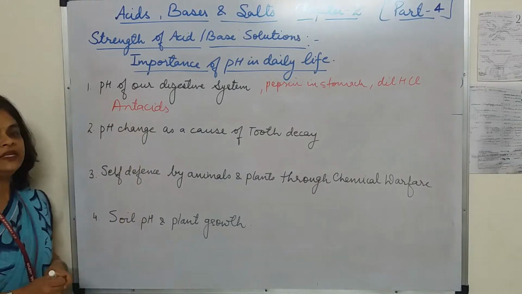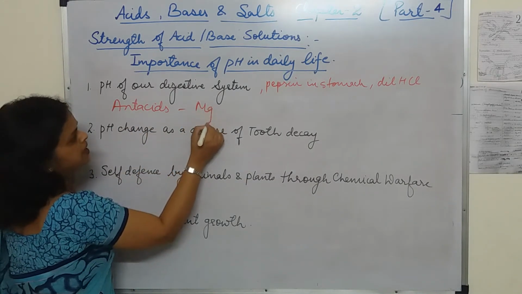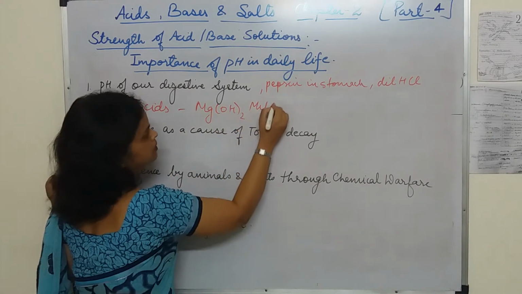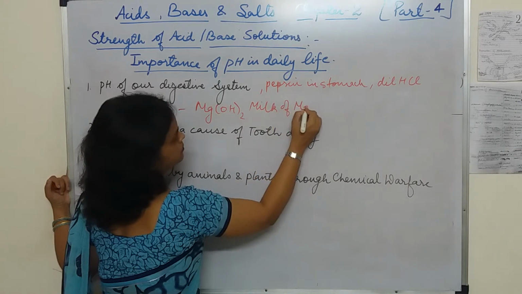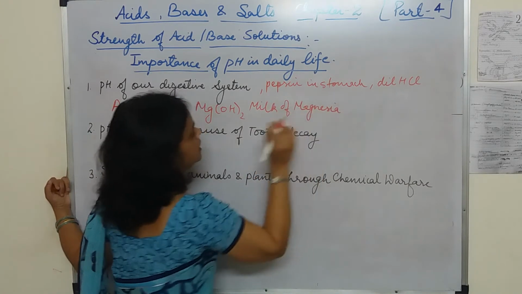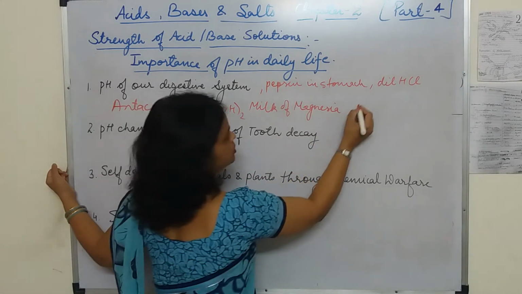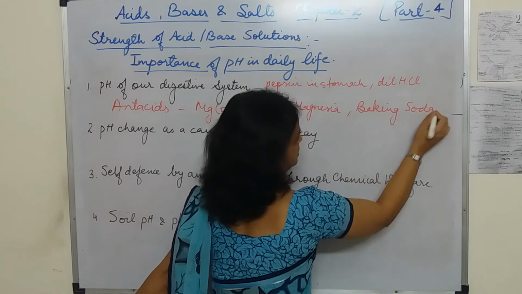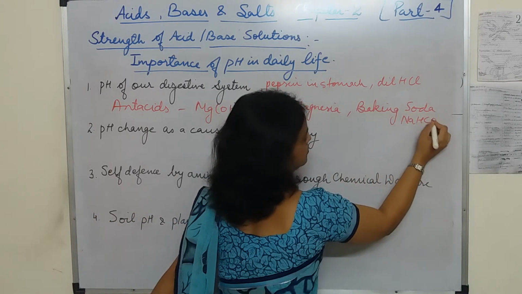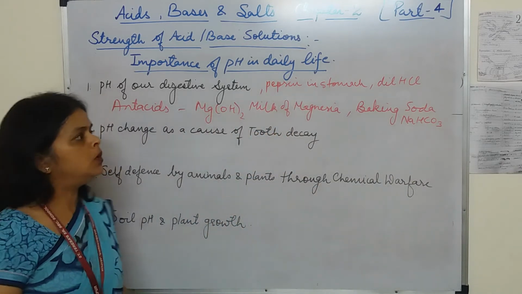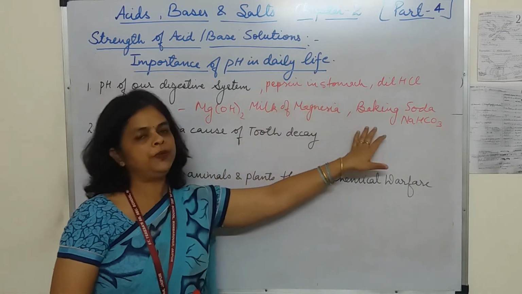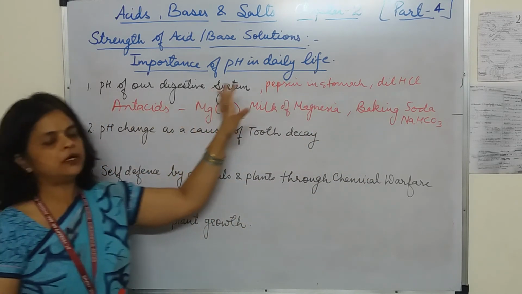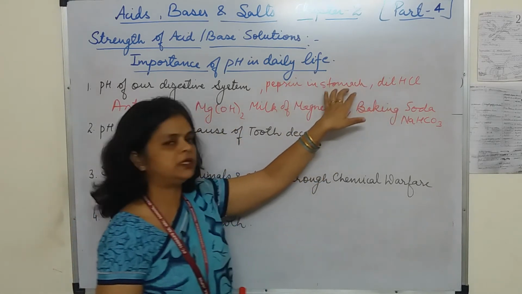In the form of antacids, generally milk of magnesia, Mg(OH)2, is taken, or baking soda, whose formula is NaHCO3, sodium bicarbonate. So the role of milk of magnesia or baking soda in our body is to work as antacids, substances used to neutralize the excess acid produced by the walls of the stomach.